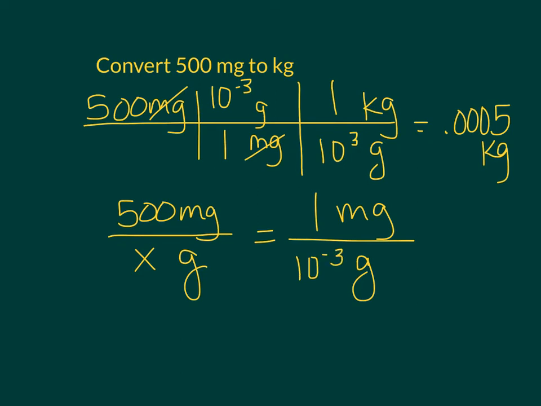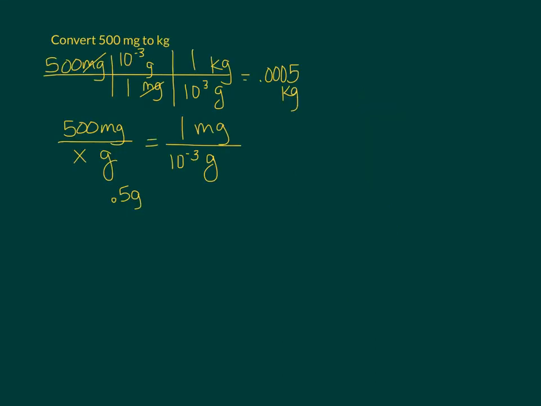Cross multiply and divide, and we get that this is 0.5 grams. Okay, we're not done. We have to finish the conversion. Okay, so we need to take those 0.5 grams and we're going to change those to kilograms using our given over our looking for.